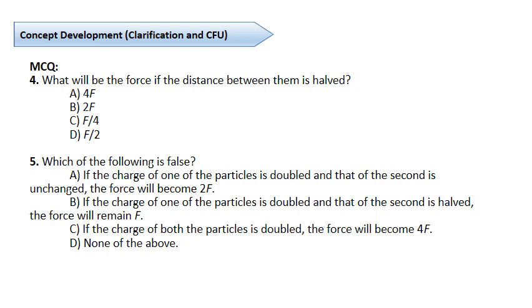Okay, to solve this one, we need to actually think about the equation. F equals K times Q1 times Q2, whole thing divided by R squared. Now, if the distance between them is halved, all of a sudden R becomes R on 2. So let's put that into our equation.